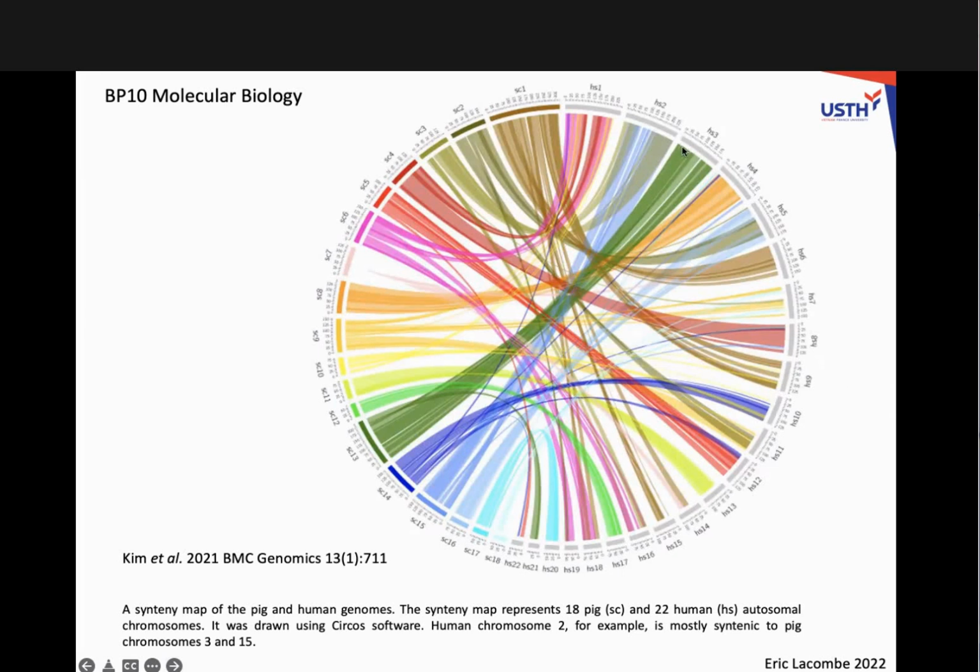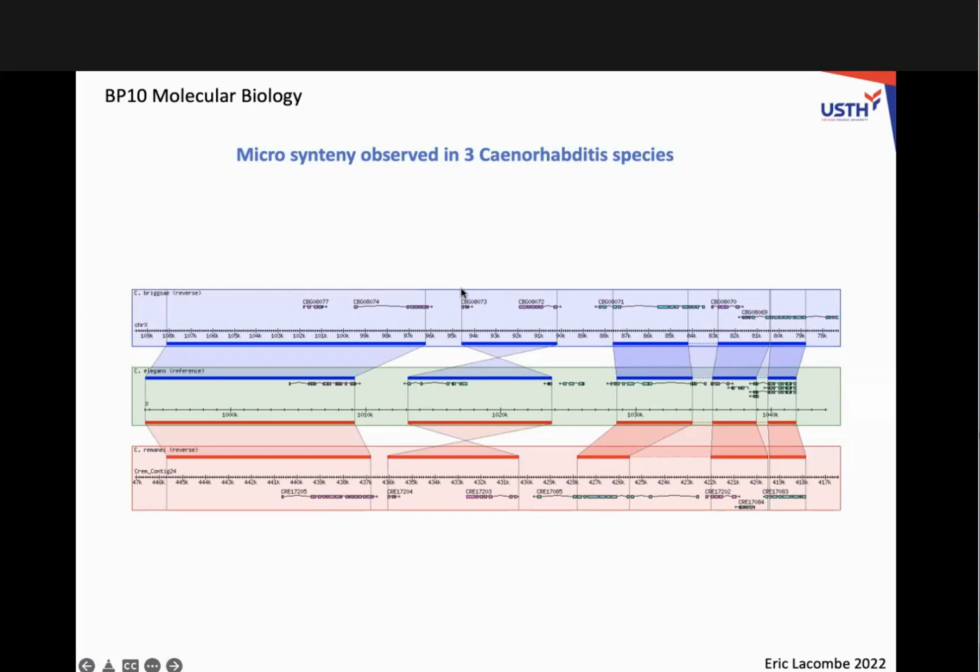We know that this part of the chromosome is found back in another one, but we don't know exactly the orientation. And when we look more closely at the comparison of the sequence, we find this level of detail. So we found collinearity in some situations and inverse collinearity in other places.